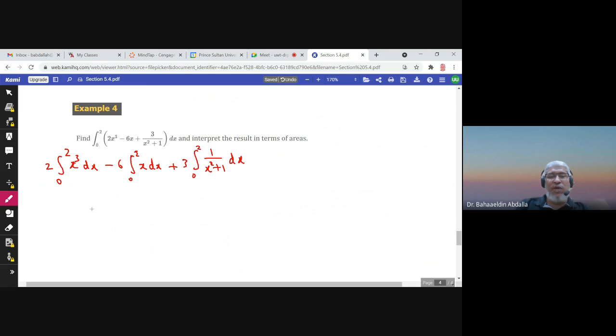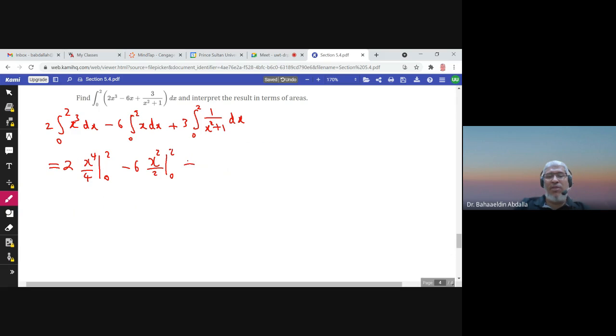So this would be equal to, this is 2. What is the indefinite integral of x cubed? It's x to the power 4 over 4 from 0 to 2, minus 6. What is the indefinite integral of x? It's x squared over 2 from 0 to 2.